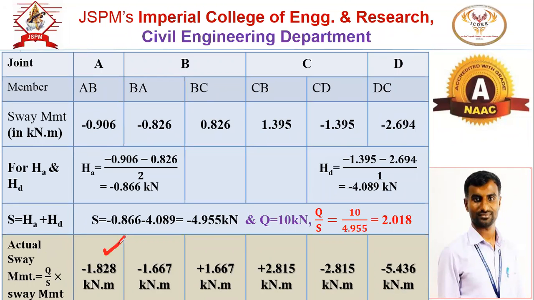So this is the final moment, the actual sway moment for member AB at end A. Similarly for BA, minus 1.667, for BC plus 1.667, for CB it will be plus 2.815, CD minus 2.815, and for DC it will be minus 5.436. Now these are the final moments. Okay, these are the required moments for the given member or for the given frame.